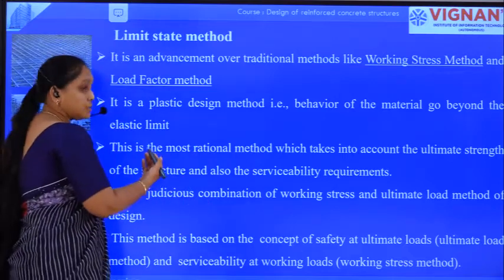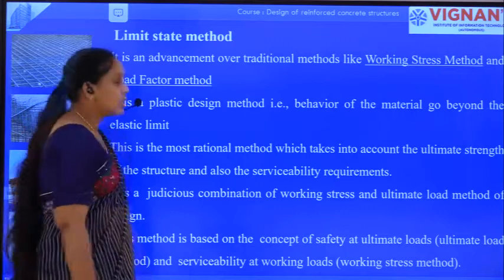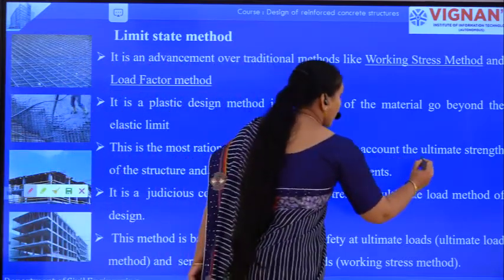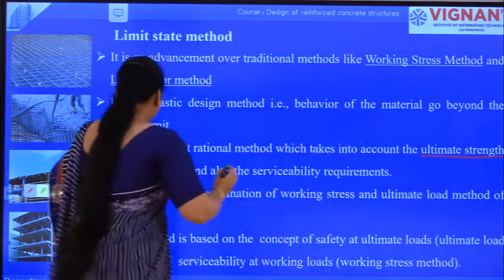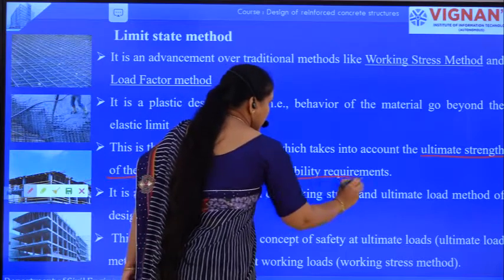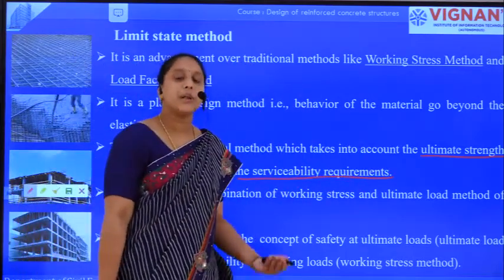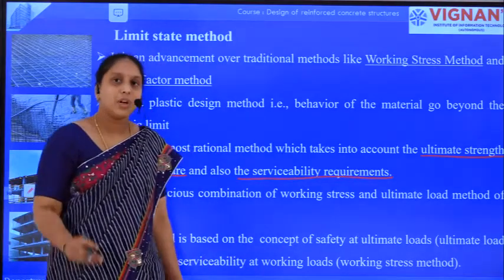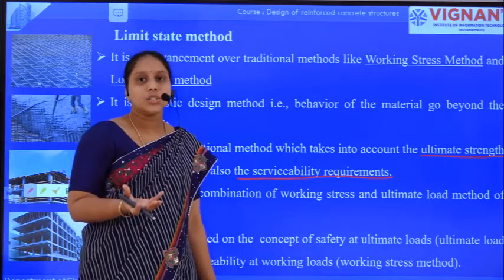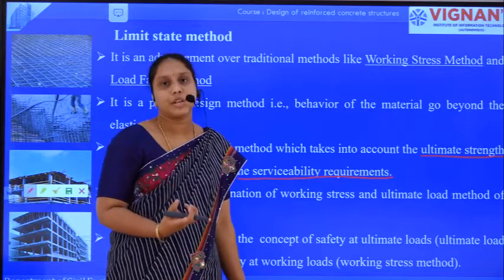This particular limit state method takes into account the ultimate strength of the structure and also the serviceability requirements. That is what in the previous lecture we have already discussed. For the loads we are going to enhance the loads, and for the materials we are going to decrease the strength of the materials.